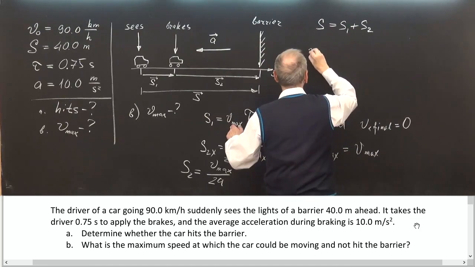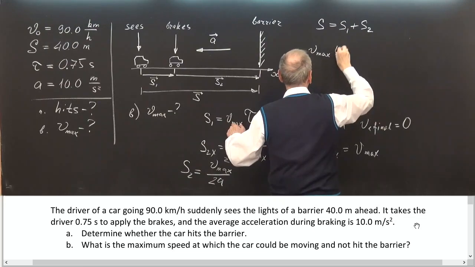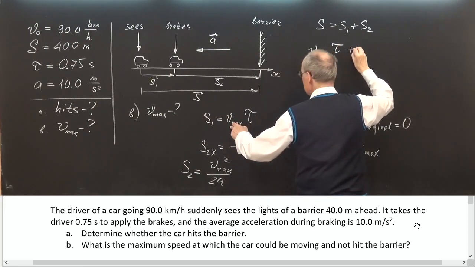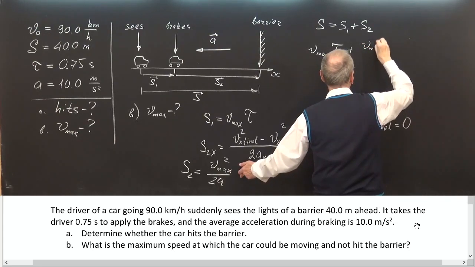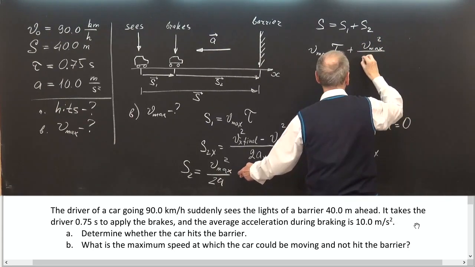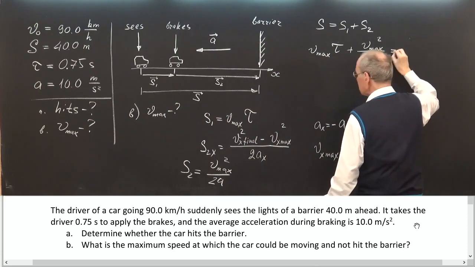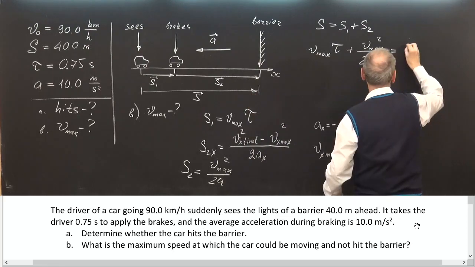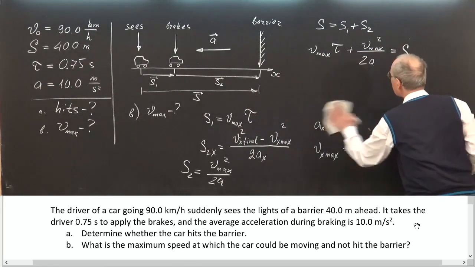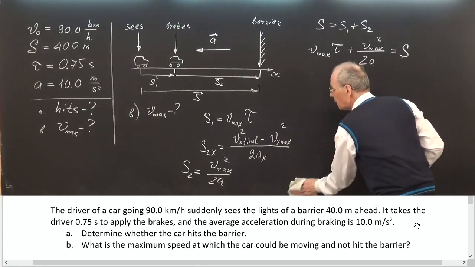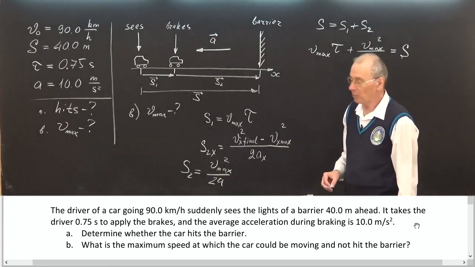So we can write S1, V maximum times tau, plus V maximum squared over 2a, gives S. The unknown is V maximum.